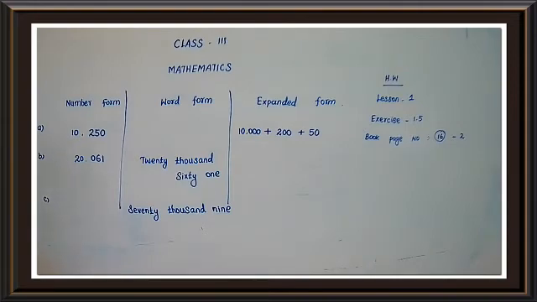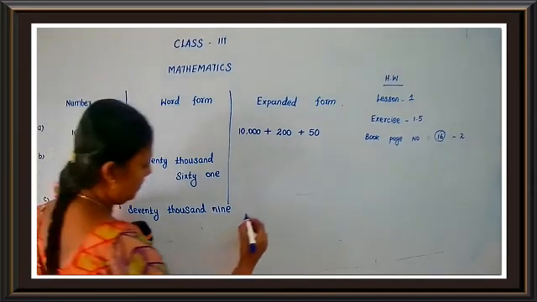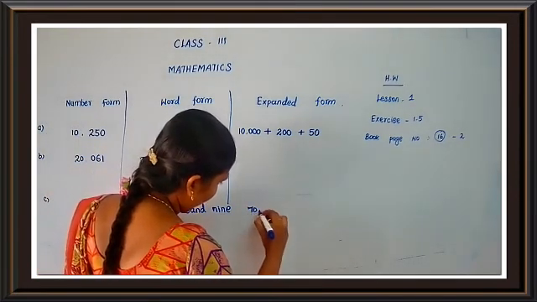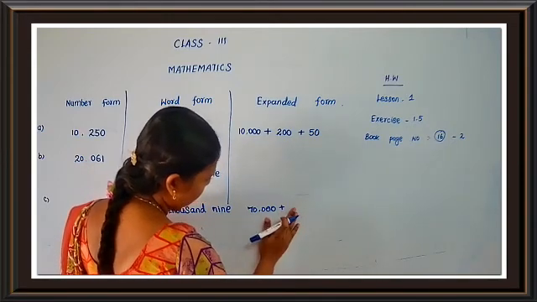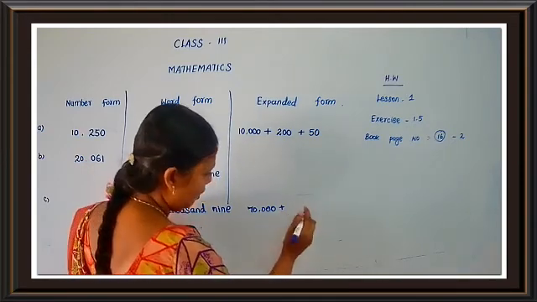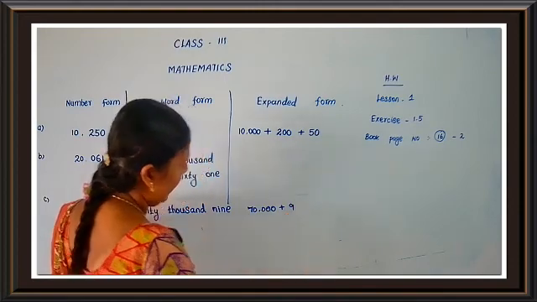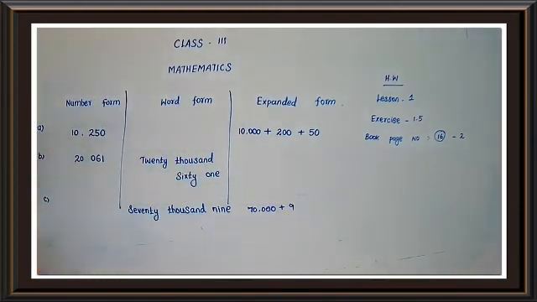Then we have to write the expanded form. How do you expand this one? 70,000. There are no hundreds values. They didn't give the tens values. You write 9. So 70,000 plus 9. See the question, they are already given the number form.